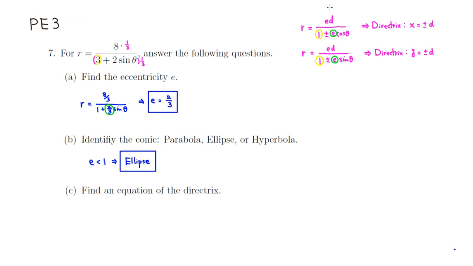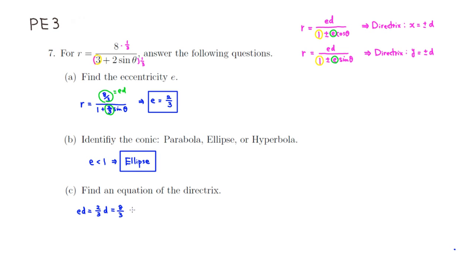So ed has to be equal to, we have to match this. This is going to be our ed. We already know the e value, so we plug in 2/3 times d, and we have to make sure that this is equal to 8/3.